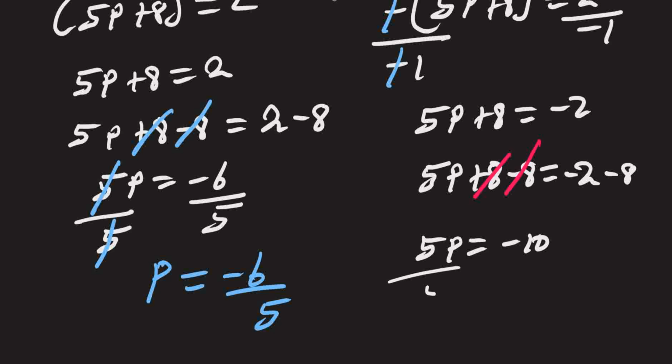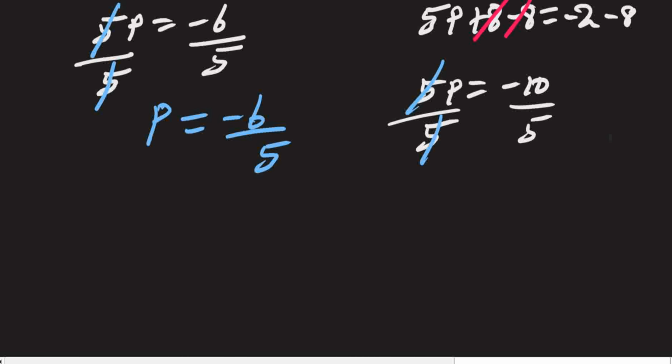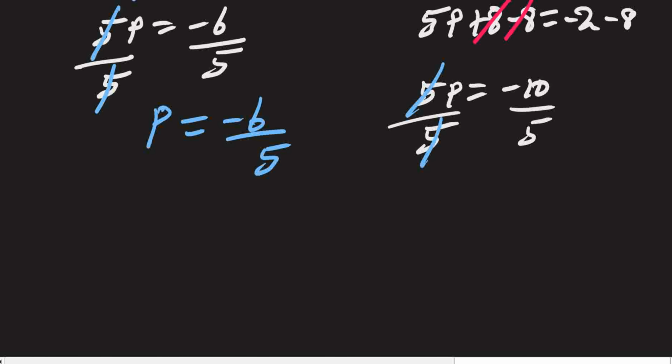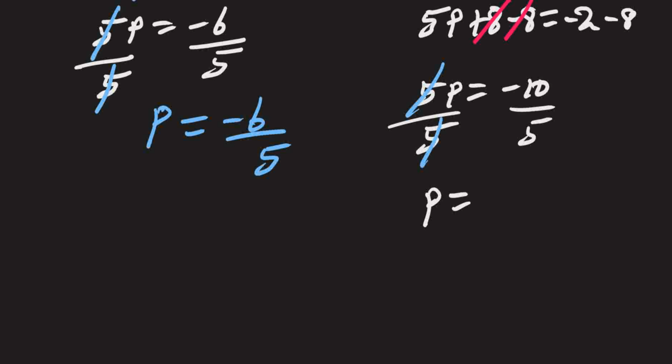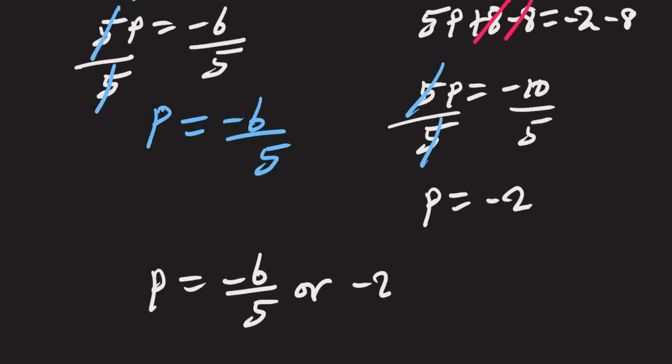So divide both sides by 5. So 5 is going to cancel 5 from here. Then p is now equal to negative 10 divided by 5, which is negative 2. Therefore, p is equal to negative 6 over 5, or negative 2.